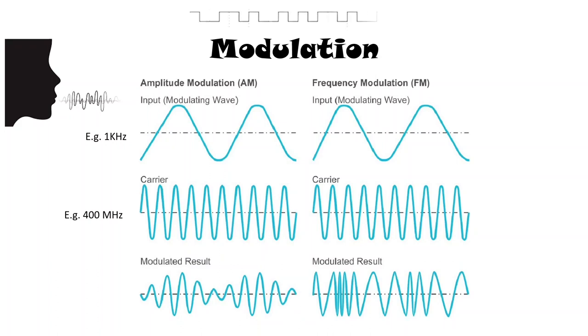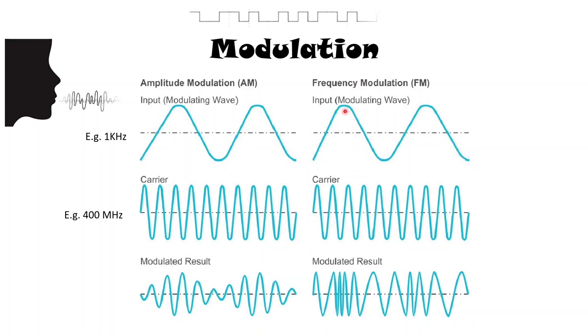Another way to do modulation is to change the frequency just slightly. So the carrier wave frequency gets changed up or down slightly, again such that to reflect the amplitude of the modulating wave. How does this work in this case?